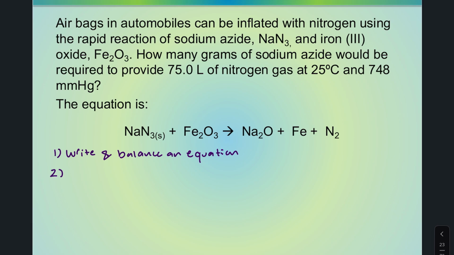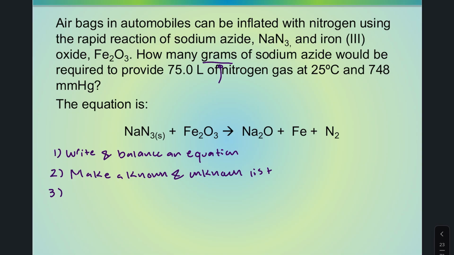So that's what we've been doing so far. Make a known and unknown list. Then you want to find any of the molar masses that are needed. So you will know if you will need a molar mass because you will get something that says grams in it.